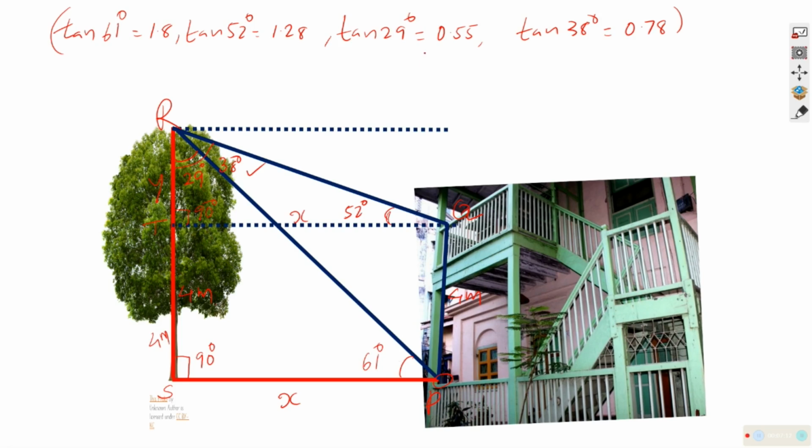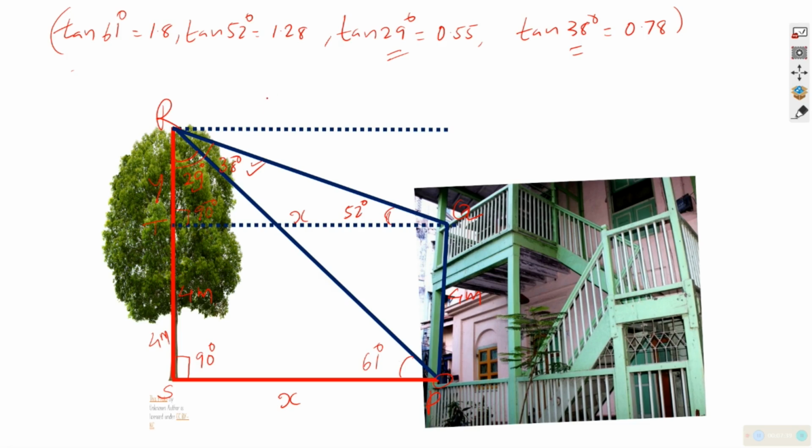These two angles, 29 degree and 38 degree, belong to these two. You will write how we get 29 and 38 when writing the answer: 90 degree minus 61 degree is 29, and 90 degree minus 52 degree is 38 degree. All these things you will write.